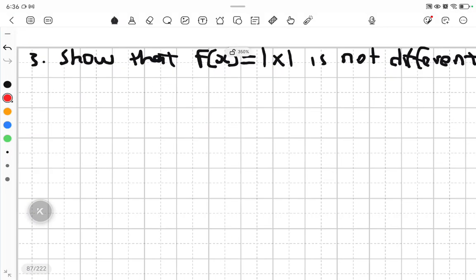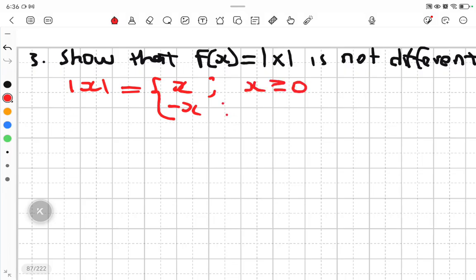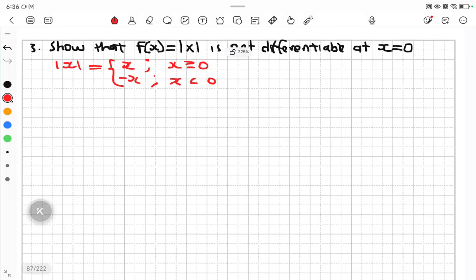And the first question is, what do you know about this? From chapter 00, page 8, we know that the absolute value of x will be x if x is greater or equal to 0, and it will be minus x if x is less than 0. You see, right? So that will be the case.